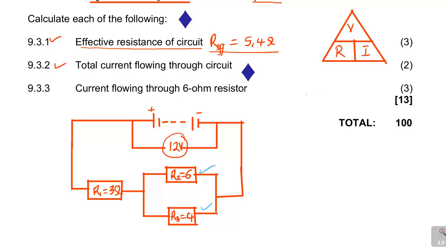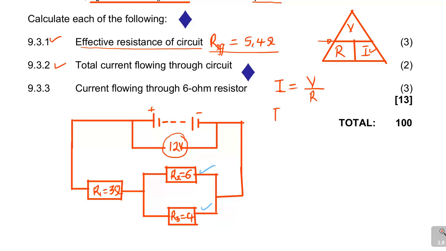So now the question wants me to find the current, so I'm looking at I. I is equal to V over R. You see that?